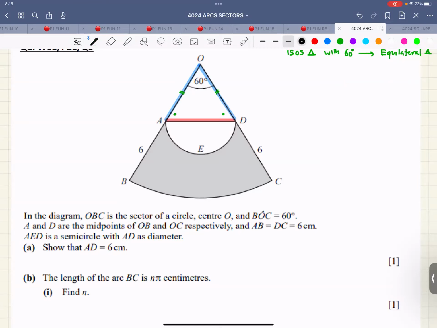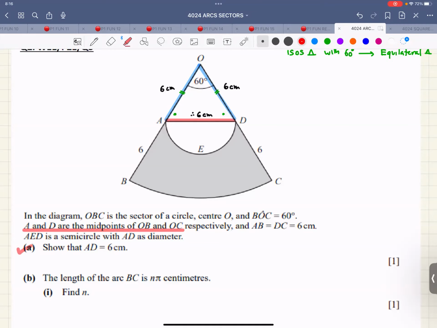The sector is 60 degrees and midpoints. The midpoint is there. So this is 6 centimeter. This is 6 centimeter. Therefore, this is 6 centimeter because it's an equilateral triangle. So you should underline the statement which I missed out. A and D are midpoints of OB and OC respectively. So that thing is done.